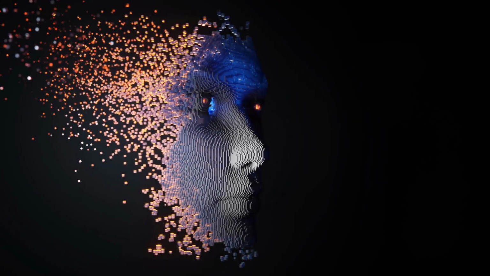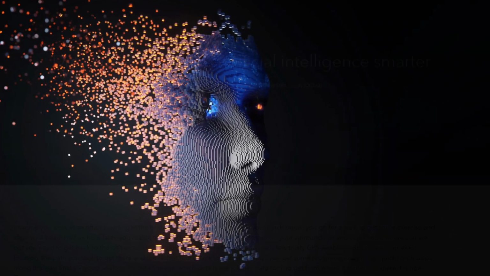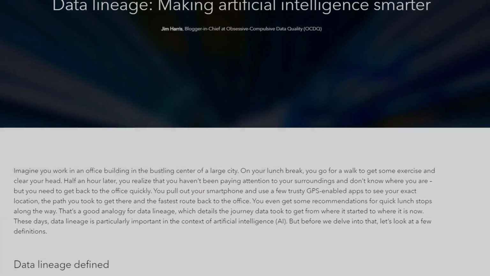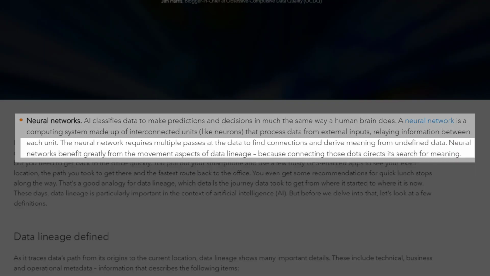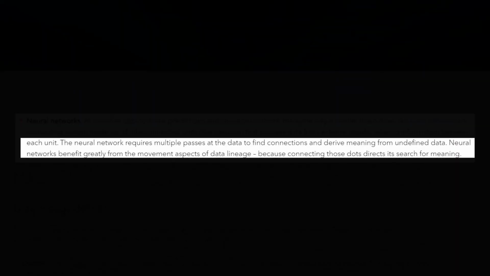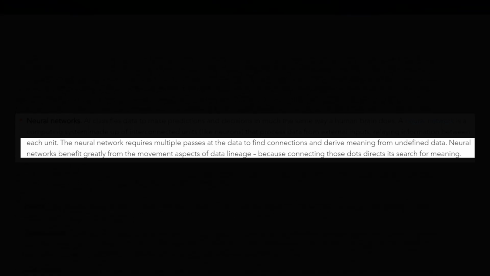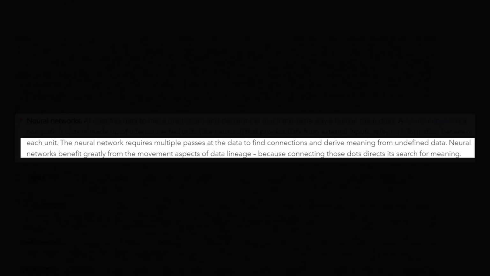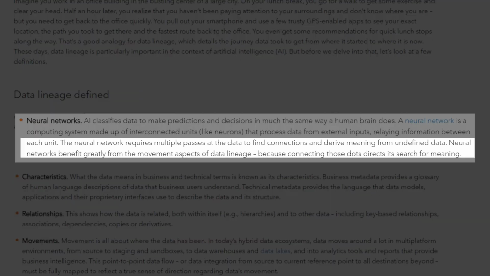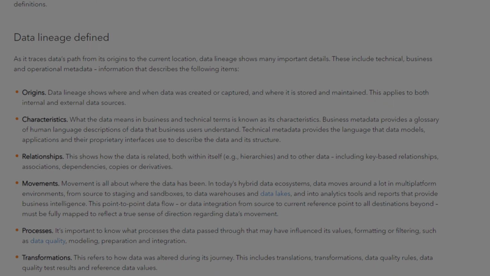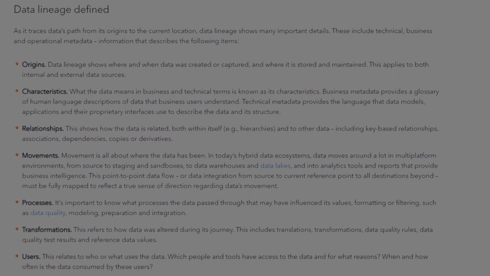We now know about knowledge graph and data lineage and how the two interact by design. However, what does data lineage mean to AI? Does it even matter? Well, as it relates to neural networks, we see neural networks benefit greatly from the movement aspects of data lineage because connecting those dots directs its search for meaning. Data lineage really gives neural networks their power in meaning.